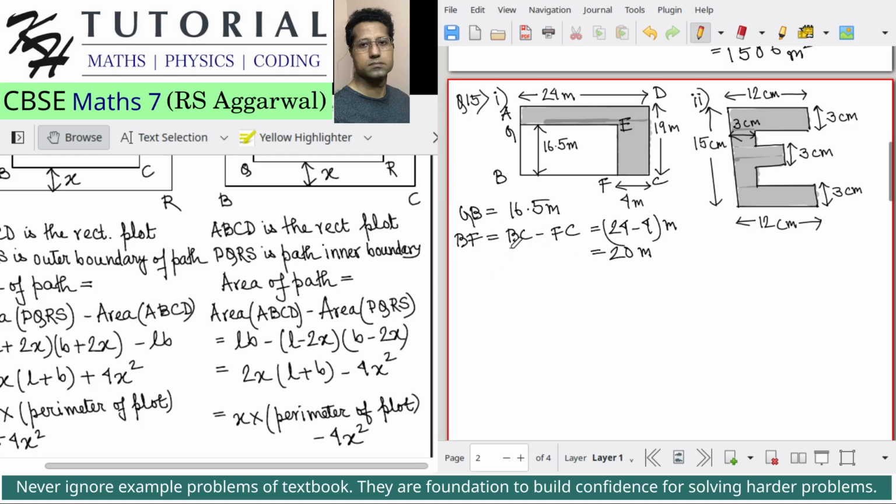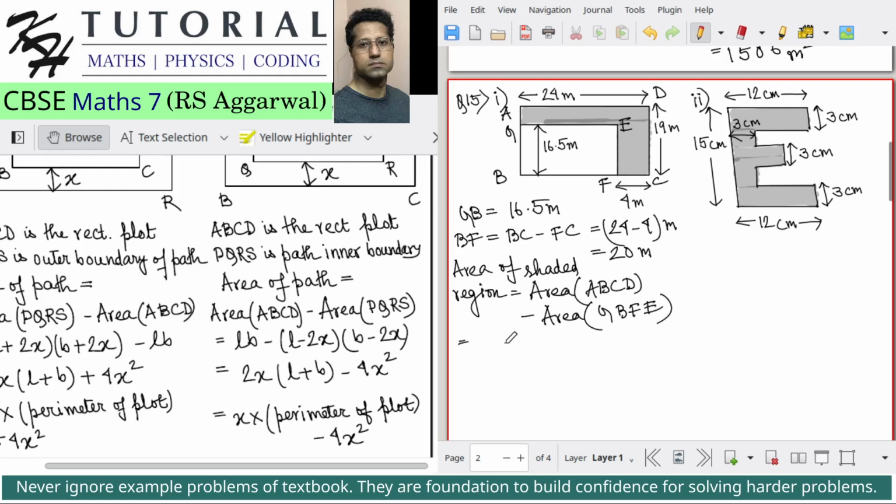So I have found the dimensions of the white rectangle, that is the non-shaded rectangle, which is GBFE. So now the area of the shaded region becomes equal to the area of the whole figure, that is the whole rectangle ABCD, minus the area of the rectangle GBFE, which is the unshaded rectangle.